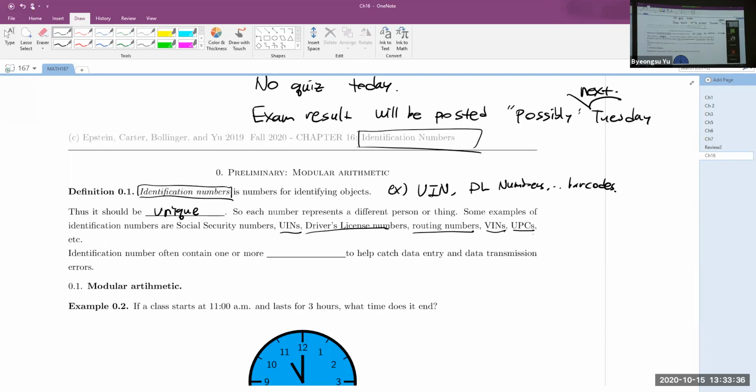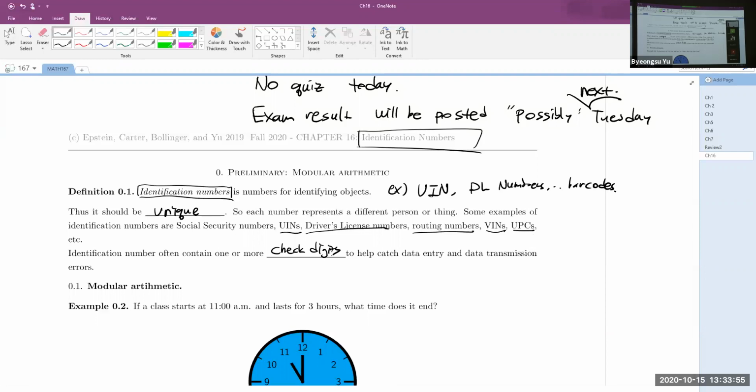An identification number often contains one or more check digits, because if you just give out plain numbers, then some attackers might steal or forge your numbers.